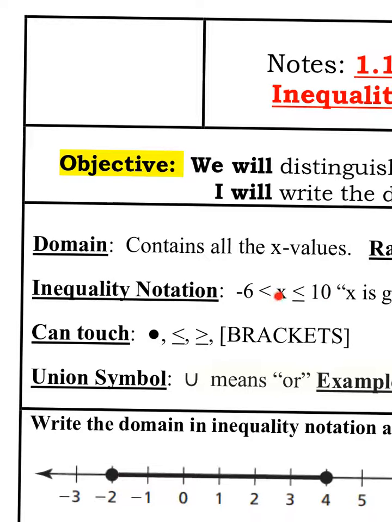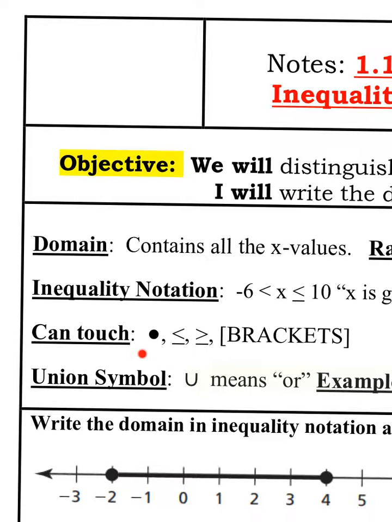I cannot plug in -6 for x, because -6 is not greater than -6. So you could get extremely close. I could do -5.9999, but I can't do -6. So that's what the bracket means. It means it can include it in the domain.